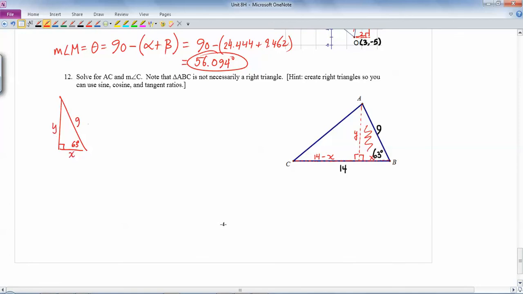So in this problem, if I use the 63 as my reference, the X is going to be the adjacent side, the Y is the opposite side, and the 9 is the hypotenuse. So let's solve for X. Adjacent and hypotenuse are what I'm going to use here, so that's going to be a cosine rule.